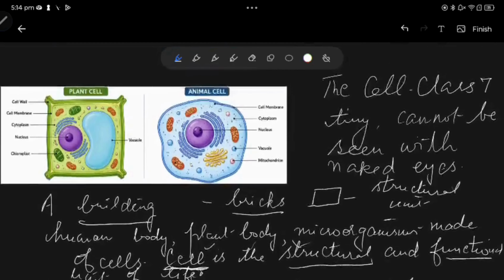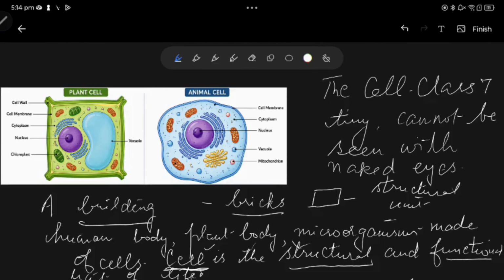We have seen these diagrams here. This is the cell membrane here, and outside this there is the cell wall.